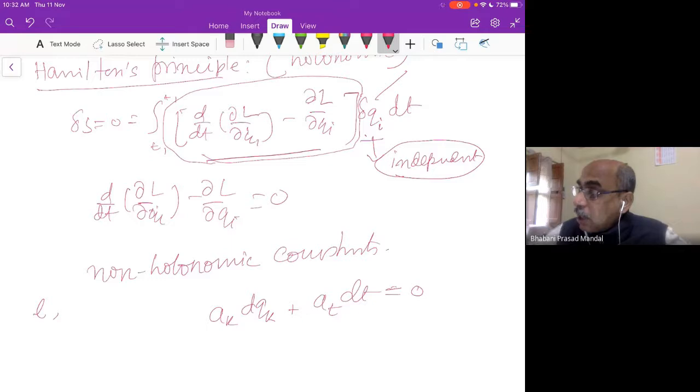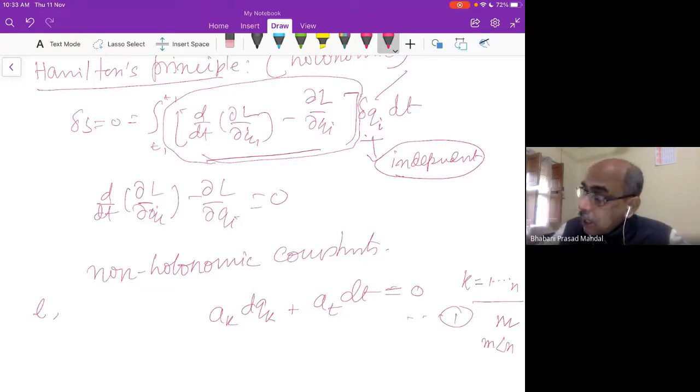So k is the index of the generalized coordinates. Suppose we have n degrees of freedom, so we can expect that there will be n such constraints. But we cannot eliminate all those because of this. So this is only one constraint. Now suppose we have m number of such constraints, where m is less than n, it should be less than the degrees of freedom.